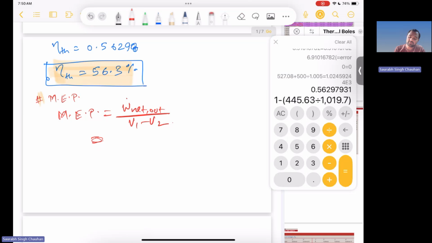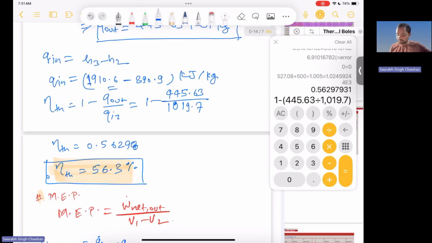What will be the net work output? Net work output will be equal to Q in minus Q out.